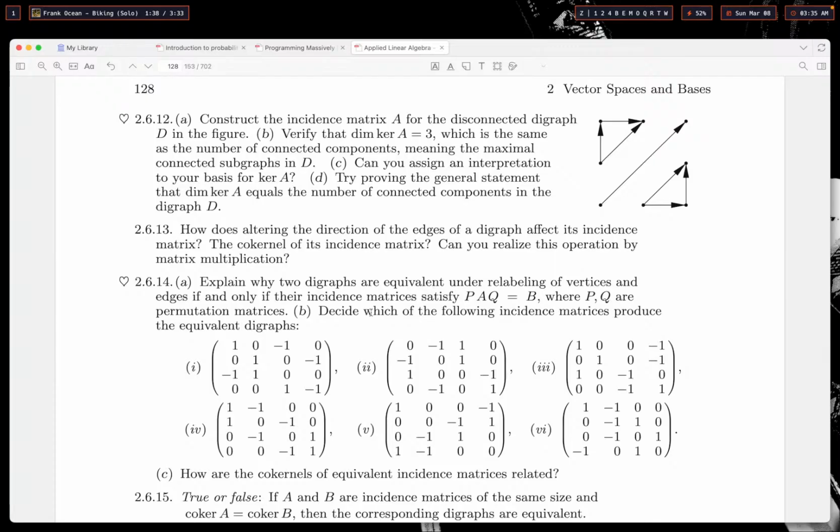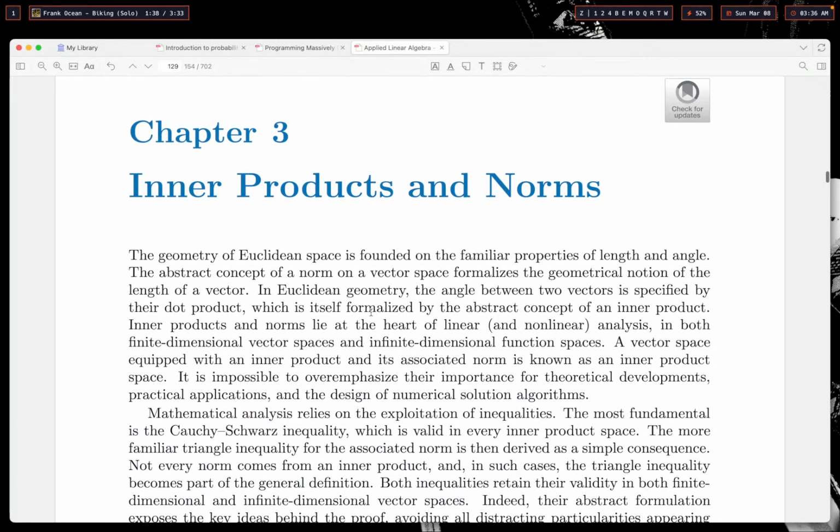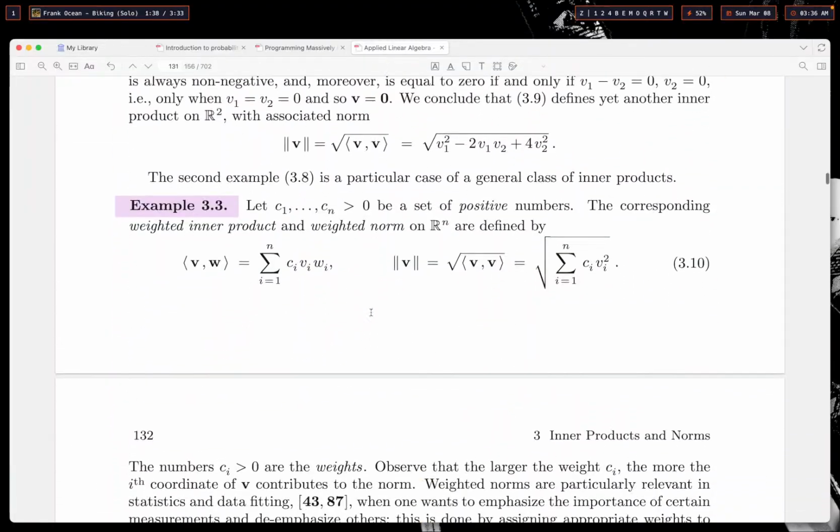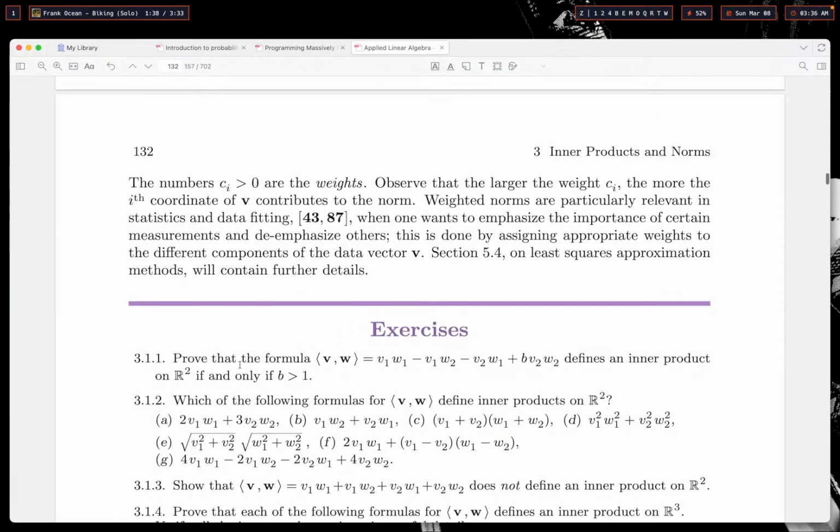There's 3.11, 1, 2, 3, 4, 5, five more questions. 3.11, which is inner products and norms. Prove that the formula defines an inner product if and only if b is greater than 1.